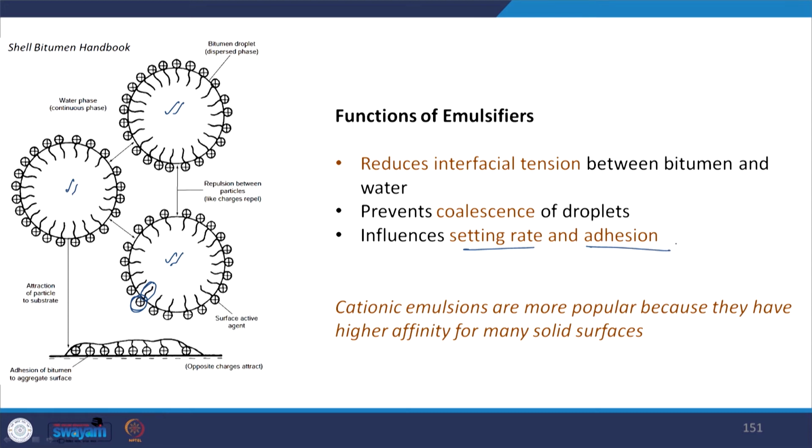So we will discuss the setting rate. Setting rate means how fast the emulsion is able to break. Breaking means that the water or the aqueous phase is going out of the emulsion system, and only bitumen is left, which has to coat the aggregate particles. So how fast can this happen, what are the factors which govern the setting rate, and finally what are the factors which will promote adhesion between the bitumen and the aggregate particle?